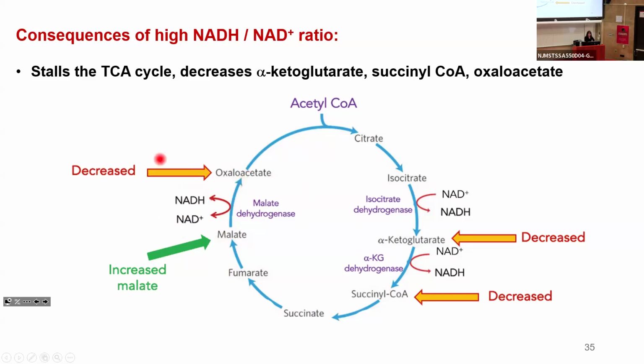And oxaloacetate is a way in which you could make more glucose. You don't have to know all these details, but you see that the consequences of ingesting ethanol can have all these downstream effects that are really linked to this ratio of NADH to NAD plus.